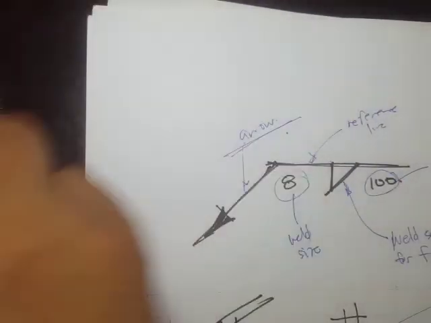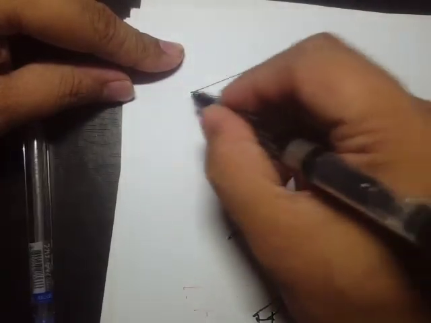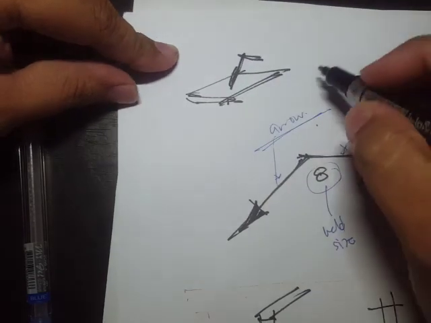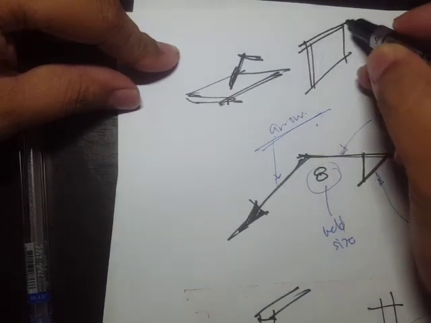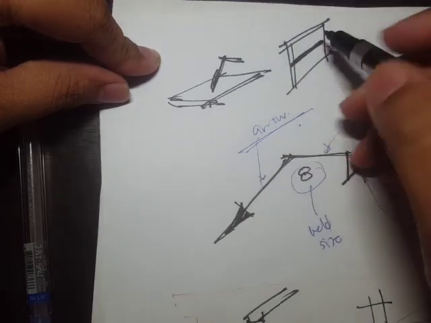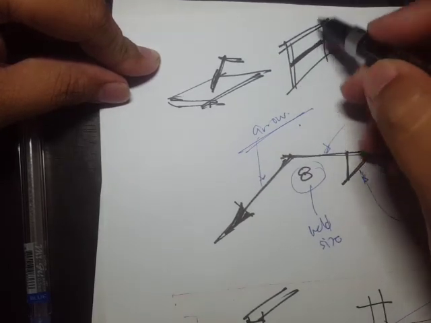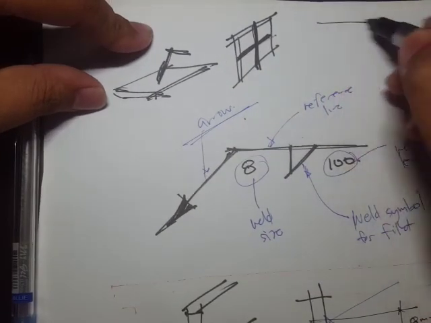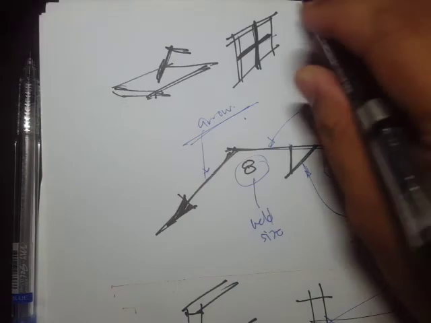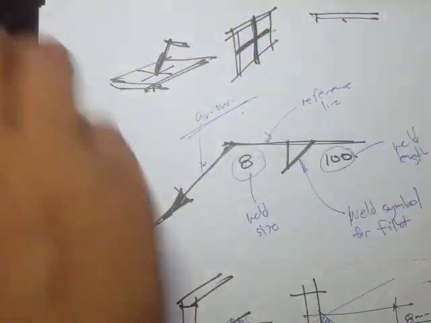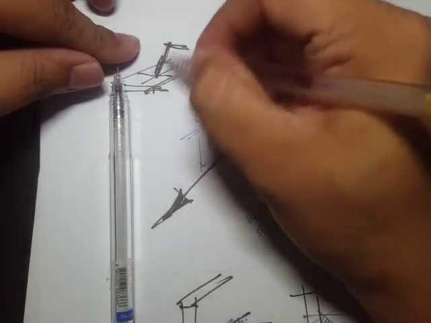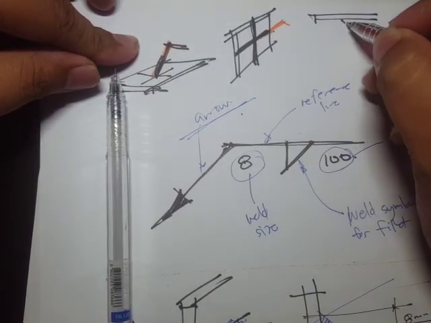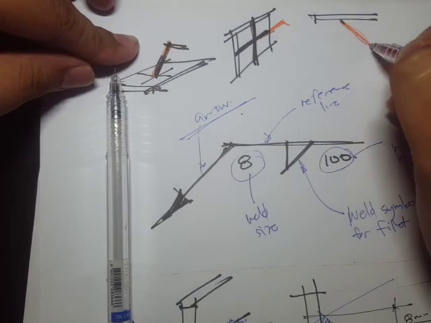or let me draw it here. Let's say horizontal, this is the electrode, and for horizontal, the welding is like this, and for vertical, the welding would be like this. When we say overhead, let's say this is our electrode, and here our electrode would be positioned this way.